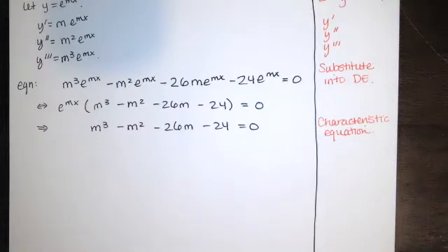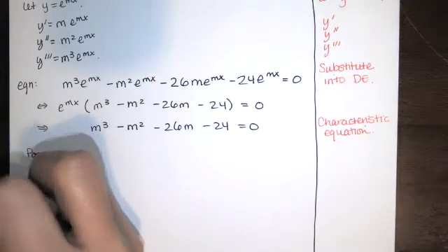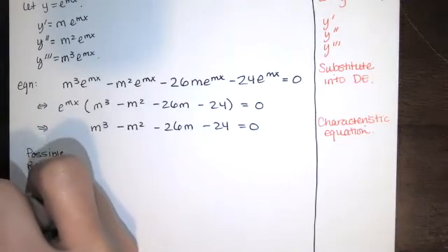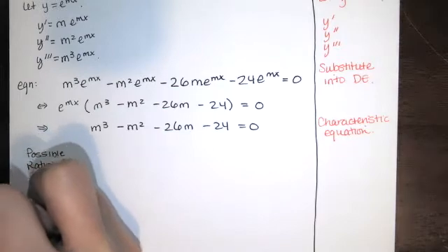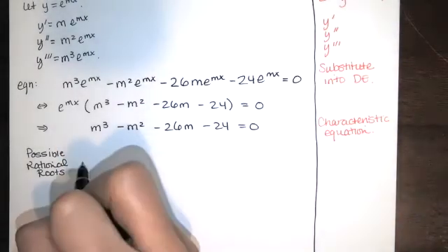It doesn't factor by grouping easily. So we'll just start listing some possible values of m that happen to be rational. Actually, all the possible rational roots of this equation. And then we'll choose values from our list and try to see which ones will give us that 0 that we want.